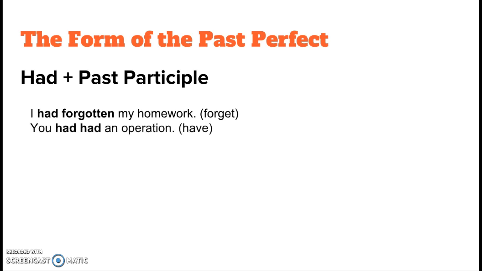You had had an operation. This looks weird with two hads, right? But it's absolutely correct because you always need had and then the past participle of have, which is also had. So had is your past perfect verb form of have.